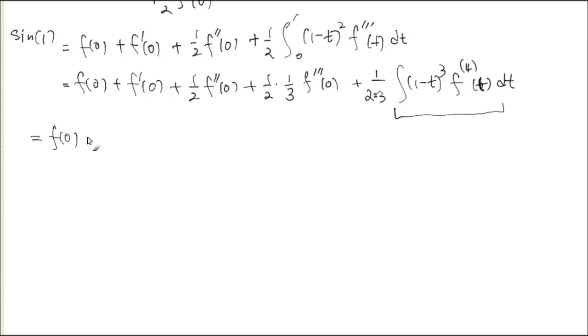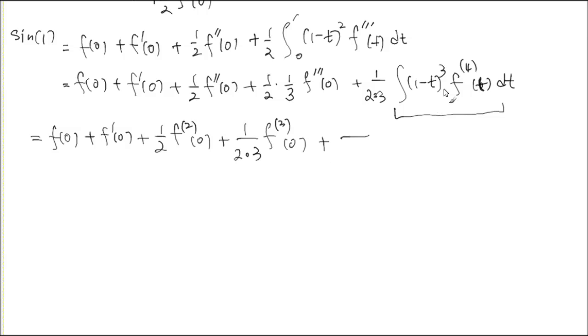f of 0, f prime of 0, 1/2 second derivative at 0, 2 times 3 third derivative at 0, and what's going to be the next one? You integrate this one again, 1/4 shows up, right? So it's going to be 2 times 3 times 4 shows up, and the fourth derivative at 0 there.